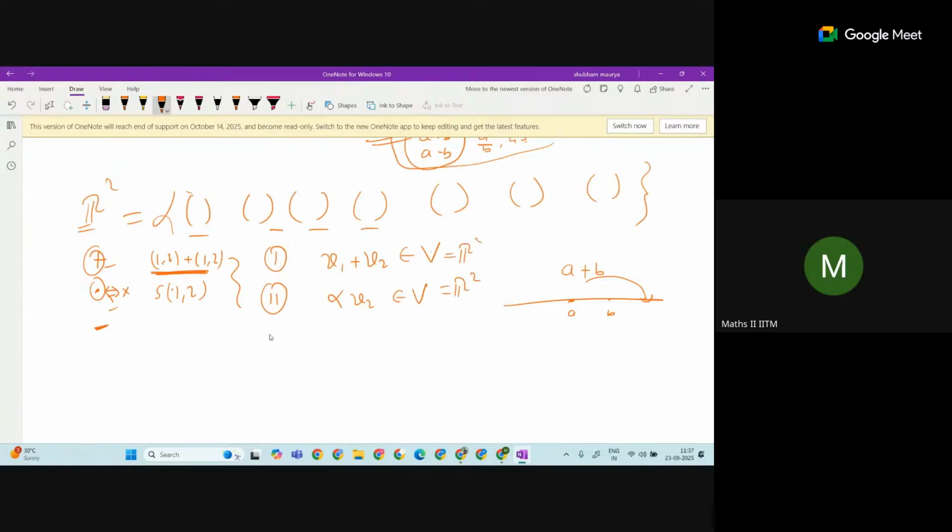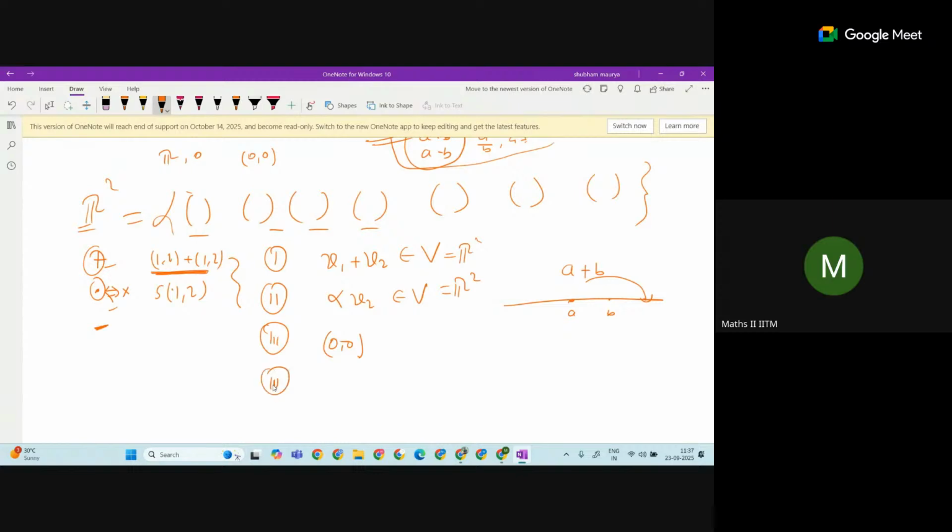And there is one identity, the zero vector. In R zero is there, so I fill both arguments with zero, and that is your zero element.